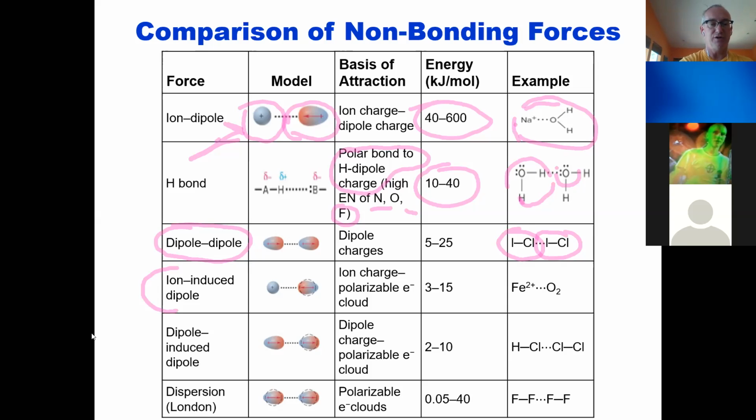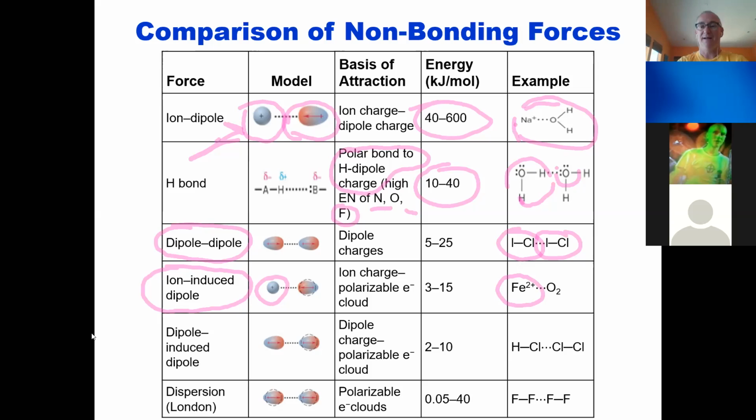Next, you have an ion-induced dipole. So in this instance, I have an ion here bonding with something that isn't a dipole. But because the ion is charged, it actually induces a dipole. So what does that mean? If I have something with a charge on it, like iron, or something with a high positive or negative charge, it basically will either pull electrons to itself or push electrons away from itself if it's negative.